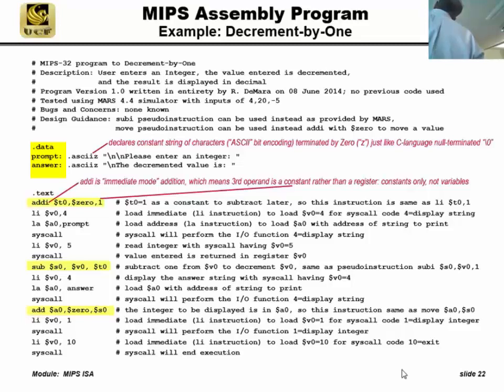And when the string is stored in memory, each character is stored as a byte. We can actually see it. We'll look at that. So this is the address of the prompt string. This is the address of the answer string. And .asciiz will have a zero terminator, with ASCII values for each element of the string.